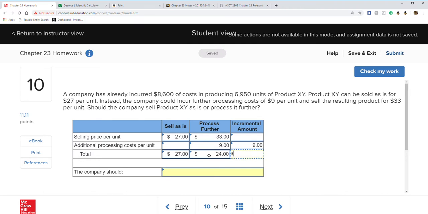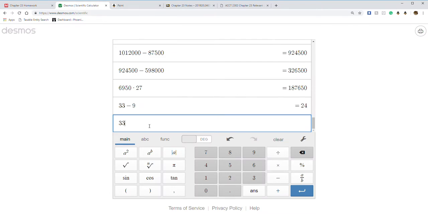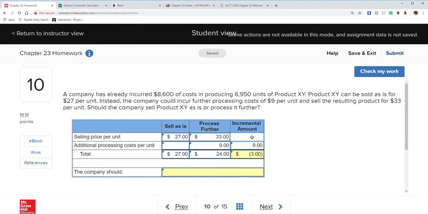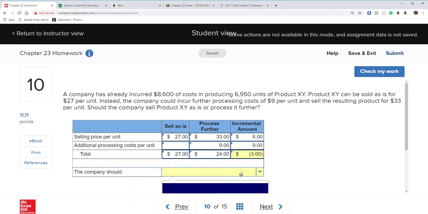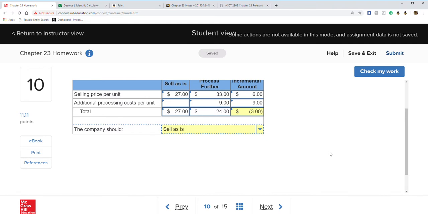Now I can already tell you that's a loss of $3. So 33 minus 27 is 6. So yeah, we lost $6. So most likely, best thing is to sell as is. Again, because this is a negative, it's sell as is. We make more money that way.